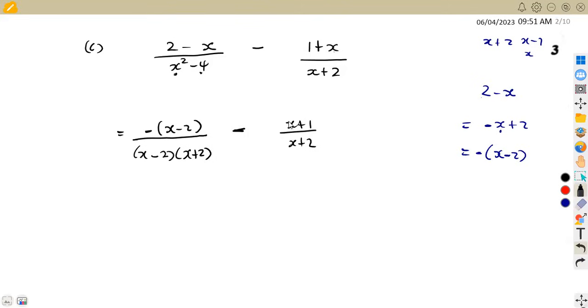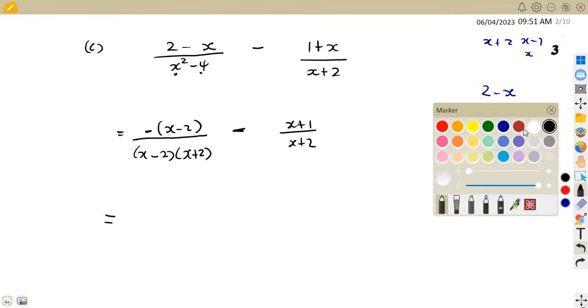So here there's no need for us to change anything because it's x plus 1. It's already a positive. It's different from this one where we wrote minus x plus 2. We had to factor out a negative so that it can be a positive. So here we are not factoring out anything. But if you noticed from the first part of our fraction here, there is something that is very common here.